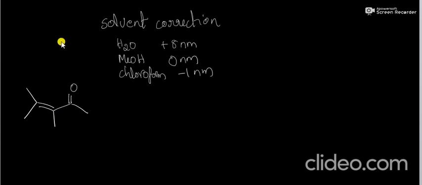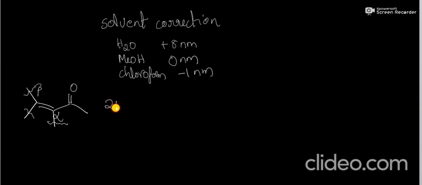Then this is an alpha beta unsaturated carbonyl compound. This is alpha position and this is our beta position. So there is one alkyl substituent at alpha position and two alkyl substituents at beta position. This is acyclic ketone.